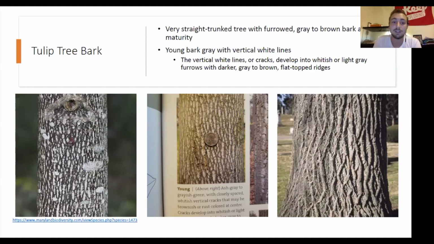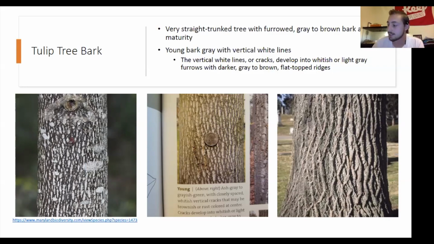Its young bark is kind of a grayish to even somewhat purple with these white lines. These white lines will become these cracks. They develop into cracks and then later into these ridges and furrows that go straight up all the way to the top of the tree. And they kind of goes from a whitish purplish to a really darker gray to brown.